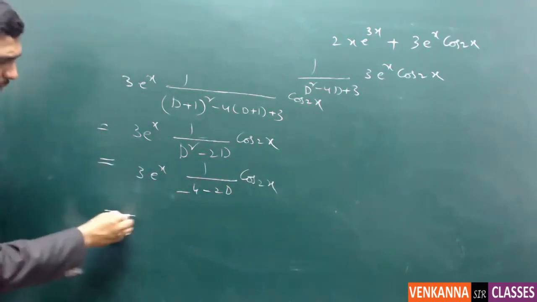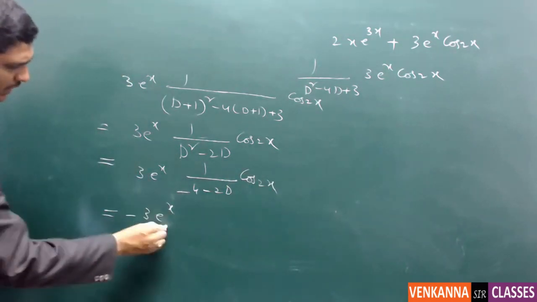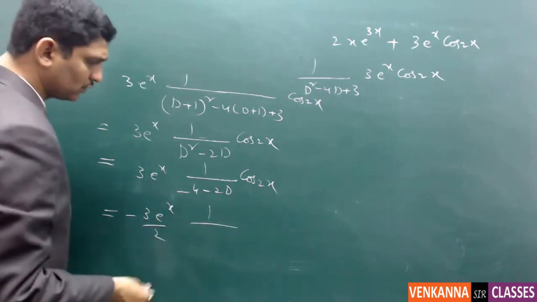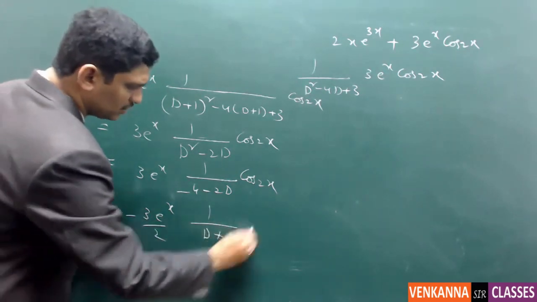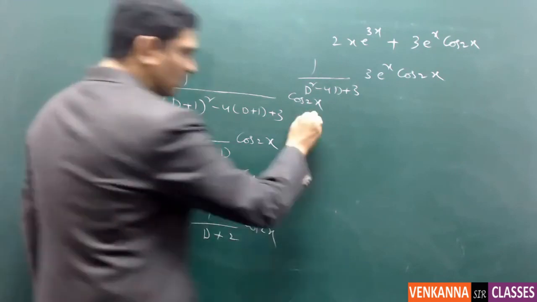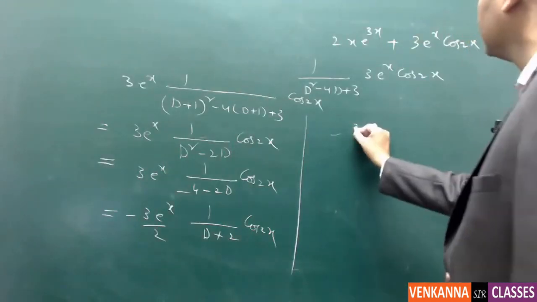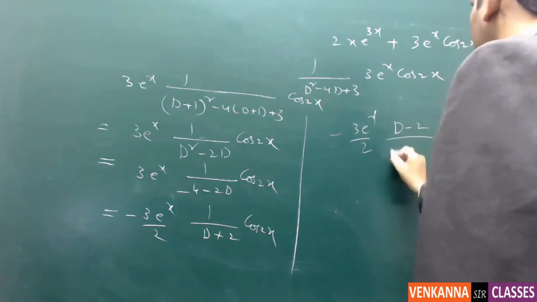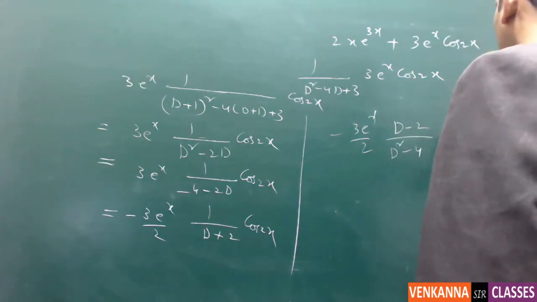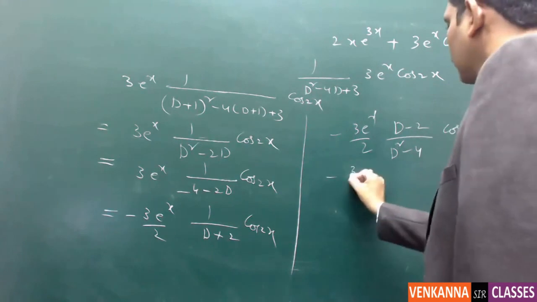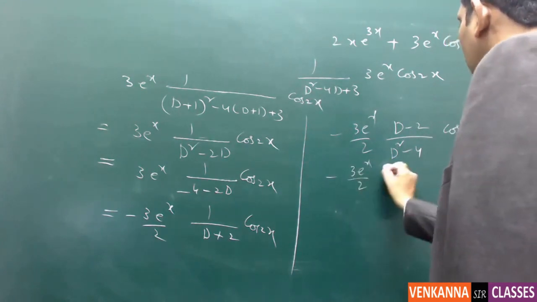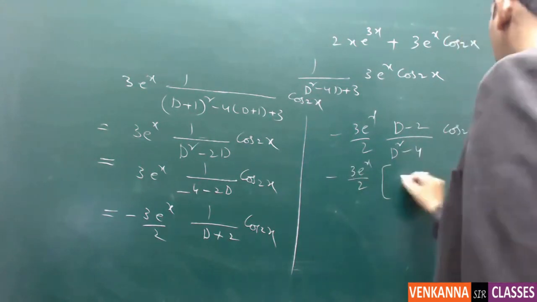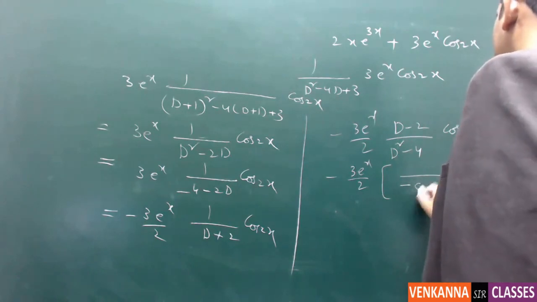You can take the minus common, and 2 you can take common. So D plus 2 cos 2x. You can rationalize this. So applying this, you have minus 8 here.